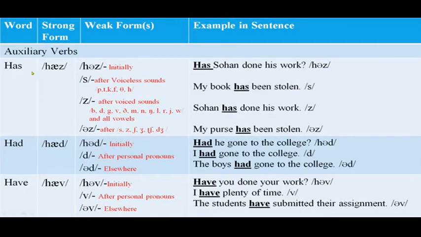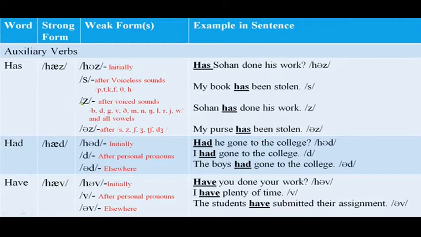Next, we have 'has', which may be pronounced as /hæz/ if it is placed initially in a sentence. When I say initially, I mean when the word is placed in the first position, in the beginning of the sentence. 'Has' is pronounced as /s/ when it is placed after words that end with voiceless sounds p, t, k, f, th or h.